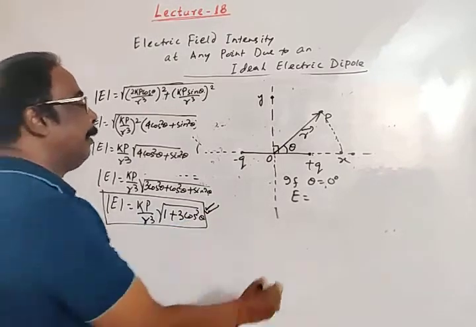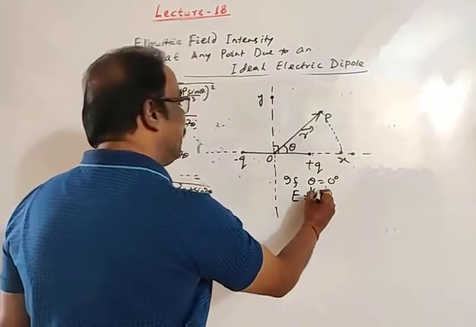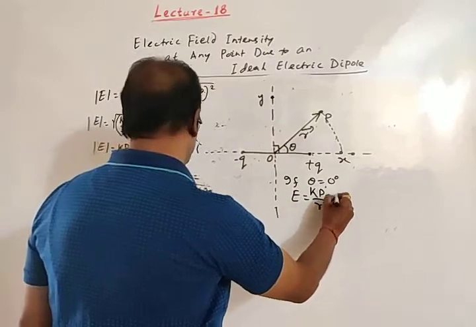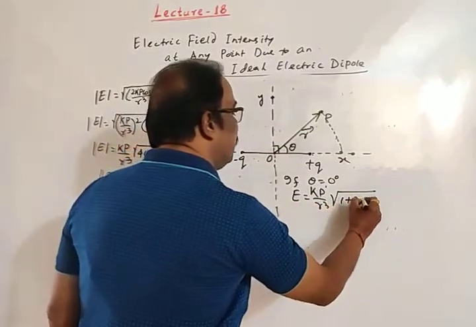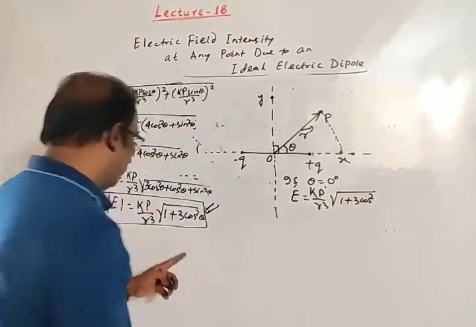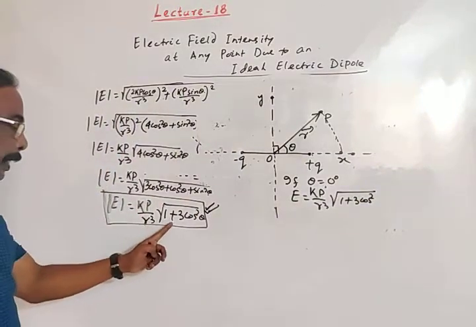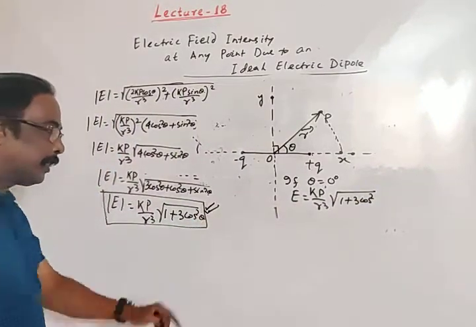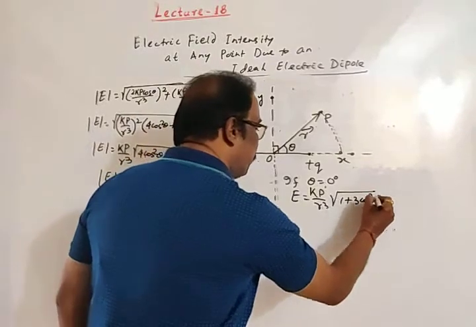Then if theta is 0 degree, the electric field intensity will become, see this final expression, Kp by R cube square root of 1 plus 3 cos square theta. Theta is 0 degree.